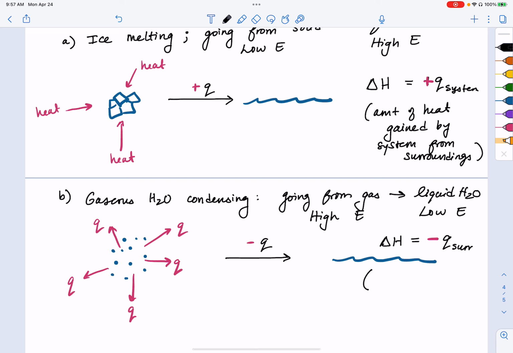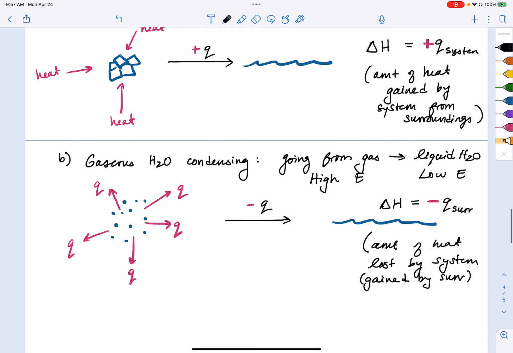And here we're looking at the amount of heat lost by the system to the surroundings.